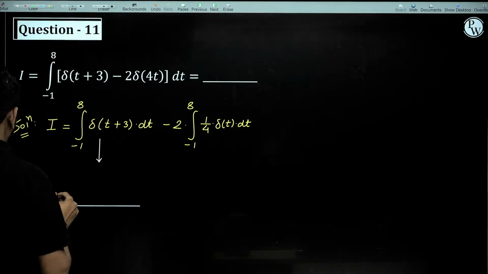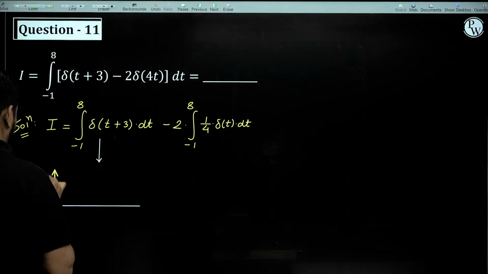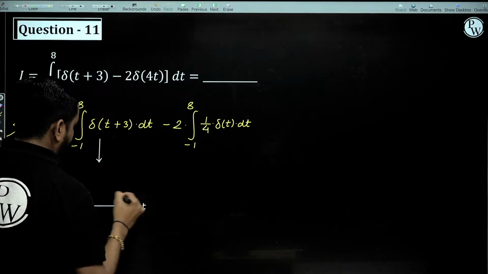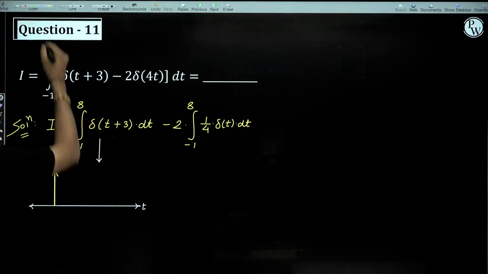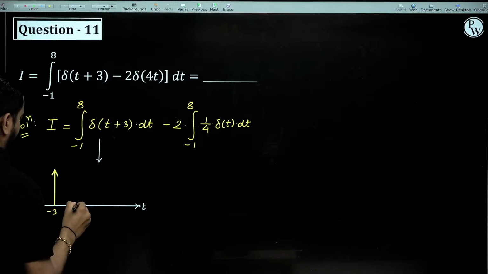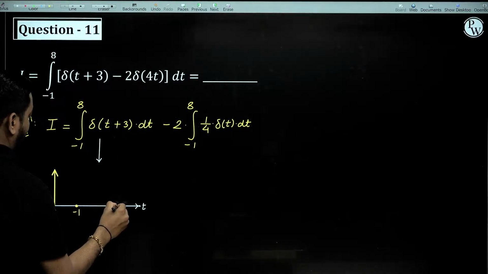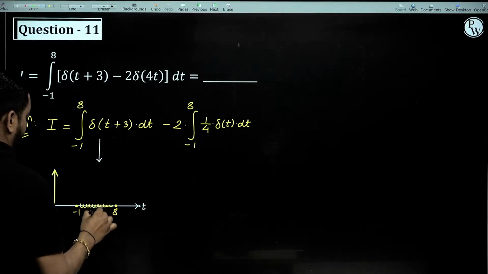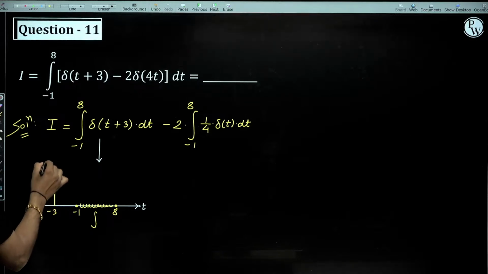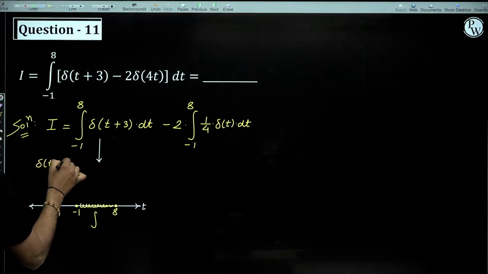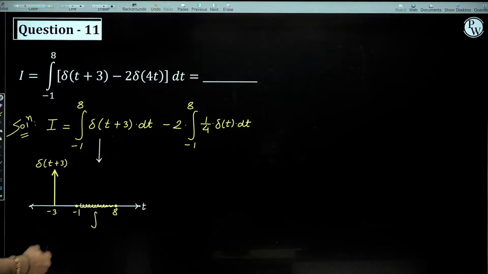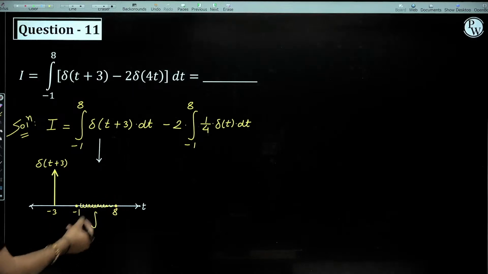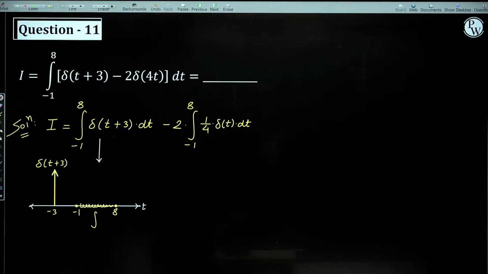You are finding the area between minus 1 and 8, and here there is no signal. The amplitude is 0, so that's why the answer is 0 for the first integration, guys.